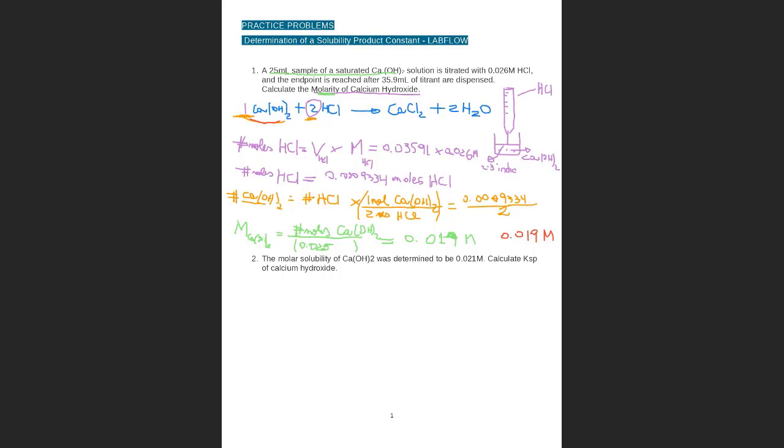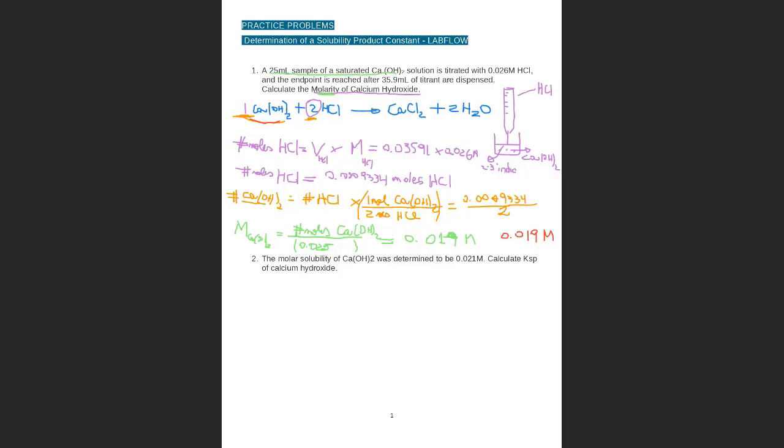And then Kevin is asking, what if the question asks for the concentration of hydroxide ion? Okay, so that will be easy. What do you have here? The concentration of calcium hydroxide. What is the concentration of hydroxide ions?